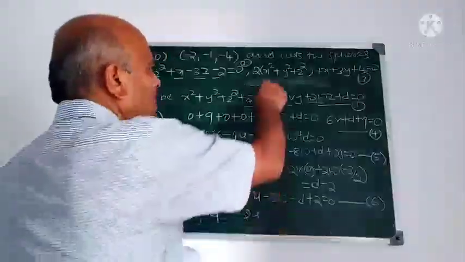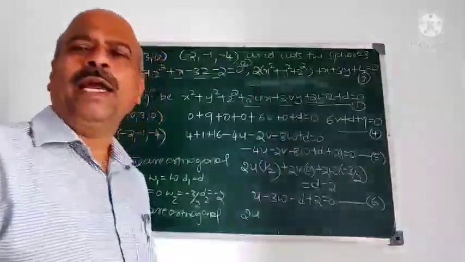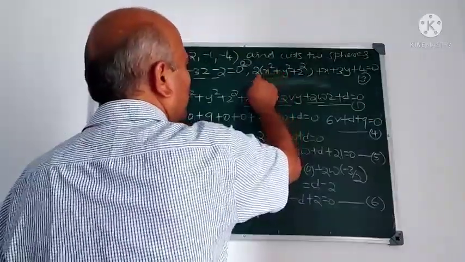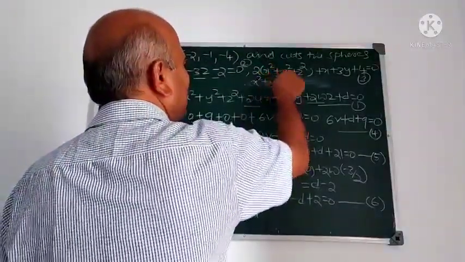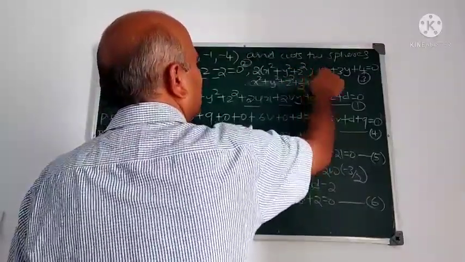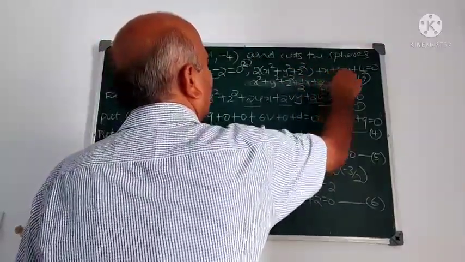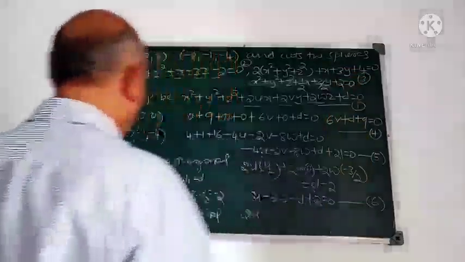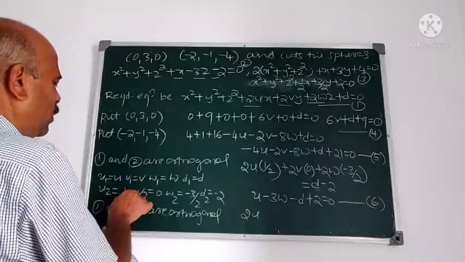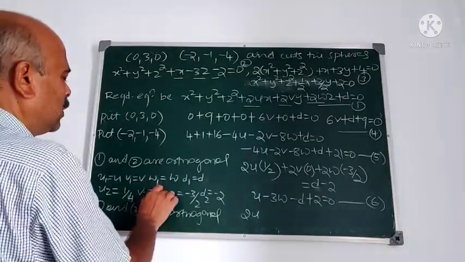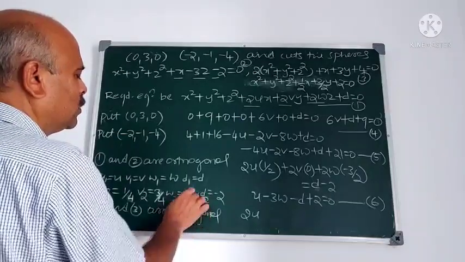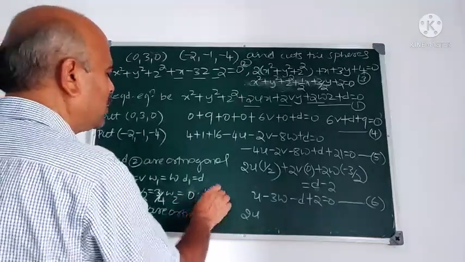Standard form means the coefficient of x square, y square, z square must be 1. So we divide by 2 here: x square plus y square plus z square plus 1 upon 2 x, 3 by 2 y plus 2 is equal to 0. So u2 is here 1 by 4, v2 is 3 by 4, w2 is 0 because there is no z term, d2 is plus 2.